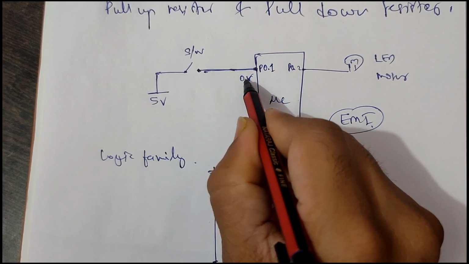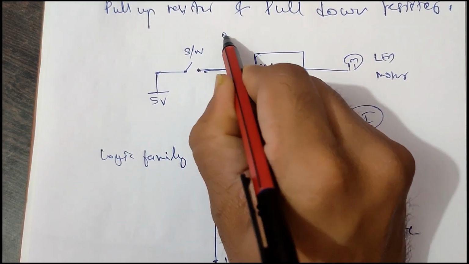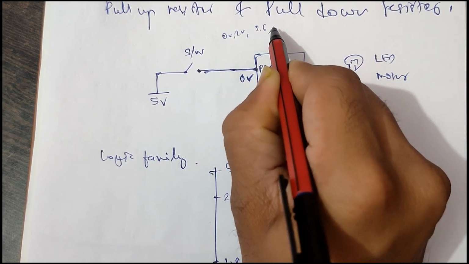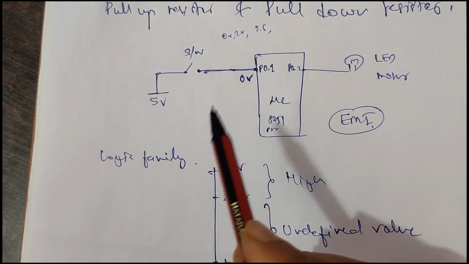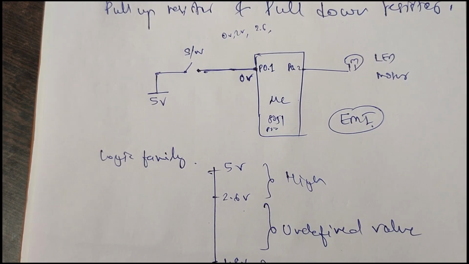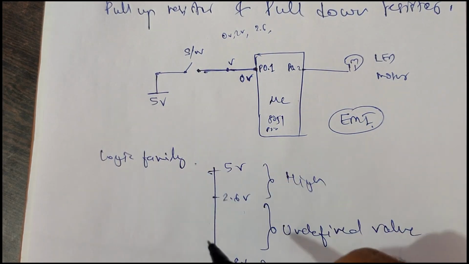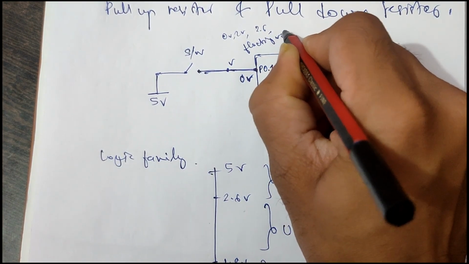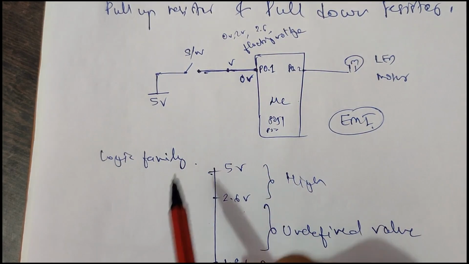Due to EMI, I should get 0 volt here, but I am getting say 2 volt or 2.6 or anything. I don't know whatever voltage I am getting, but ideally it should be 0 volt. This voltage is nothing but a floating voltage I am getting at this point.